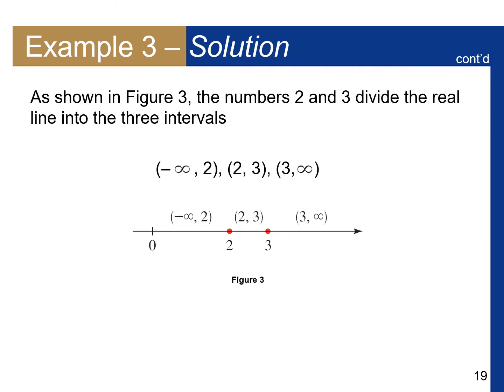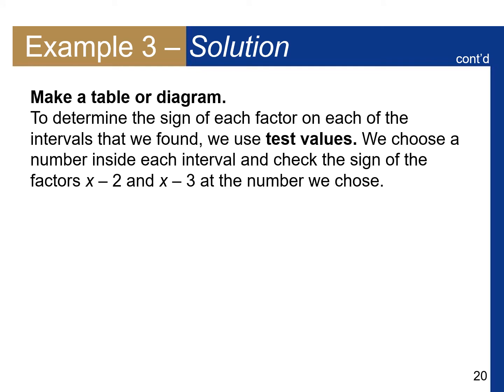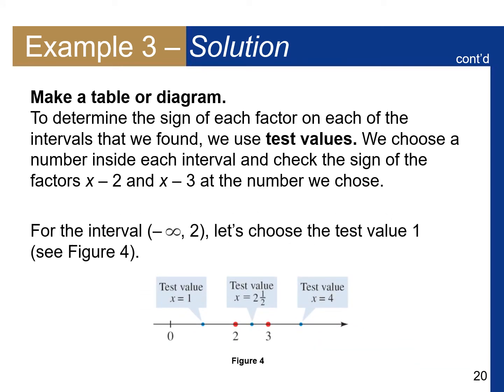Okay, so 2 and 3, that's what we just said. So here we have 2 and 3, and we have them as closed circles because of the inequality that we used. So I want to test from negative infinity to 2, from 2 to 3, and from 3 to positive infinity to see if it would work in my inequality. You're going to make a table or diagram, and pick a test value that's in between these areas.